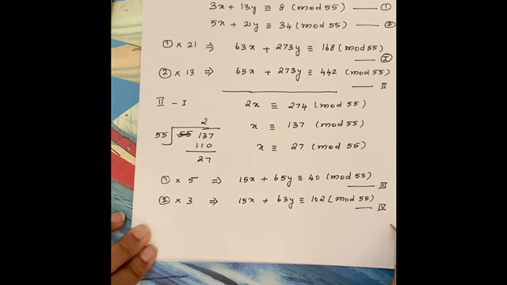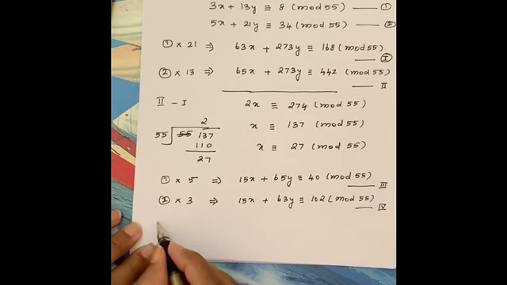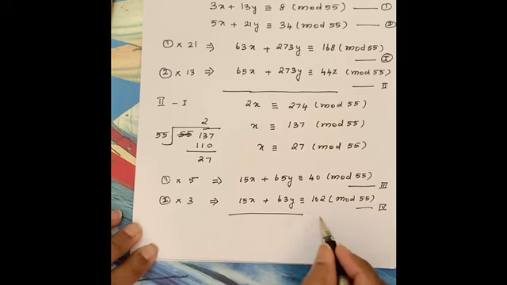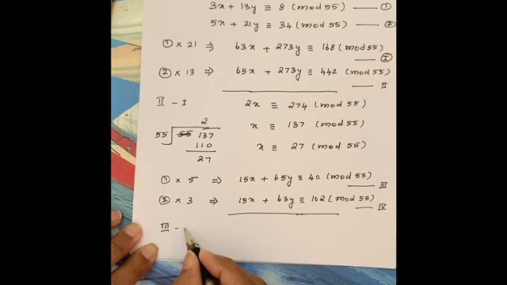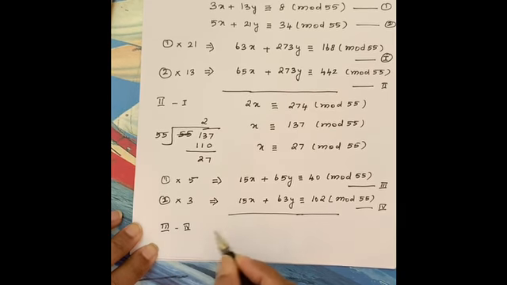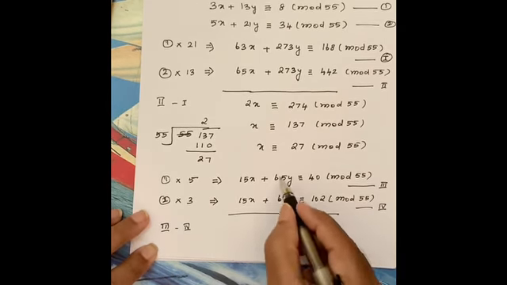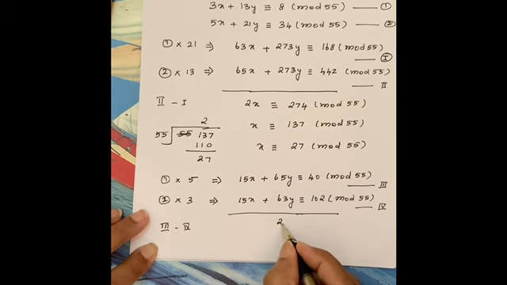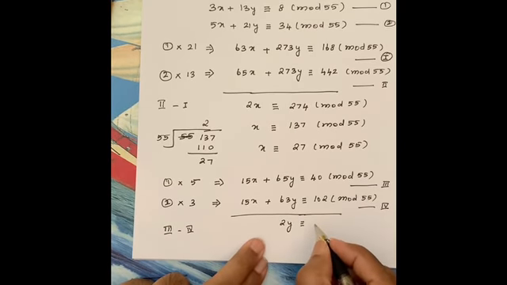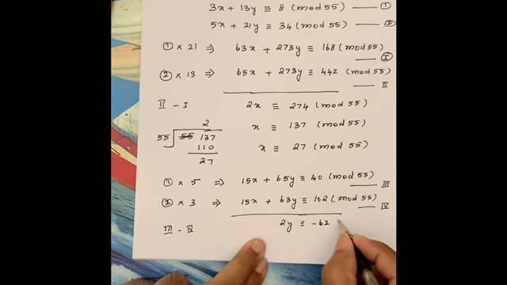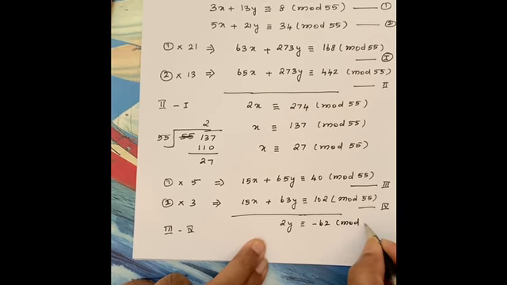So now 3 minus 4 or 4 minus 3, anything we can do. What I am doing now, 3 minus 4. 15 deleted, 65 minus 63, it is 2. 2y congruent to 40 minus 102, it is minus 62 modulo 55.